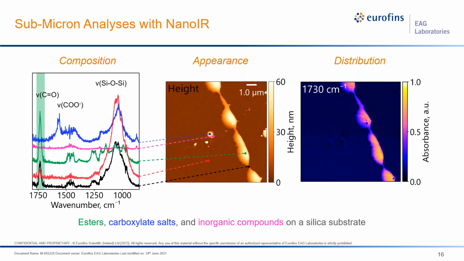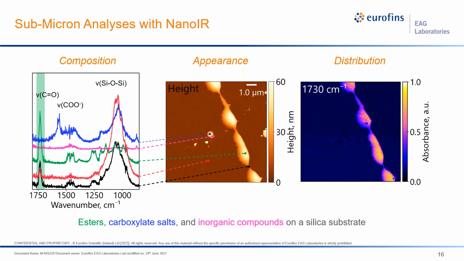And what we can see is that this small round particle, we see some carboxylate features. And then the tall particle that sort of agglomerates to it, we don't see any peaks, suggesting that it's an IR inactive compound like some inorganic. On the film-like residue, we can see that in the taller parts, we see this sort of carbonyl bond, C double bond O, likely some type of ester or acrylate.